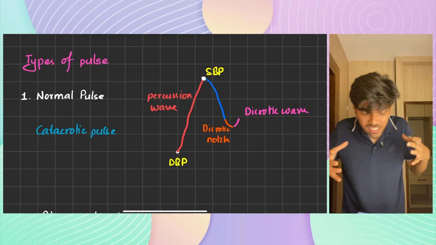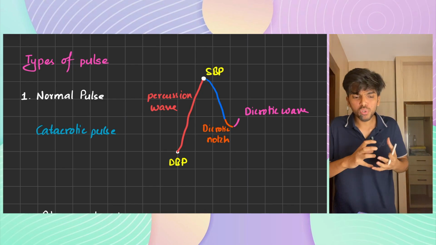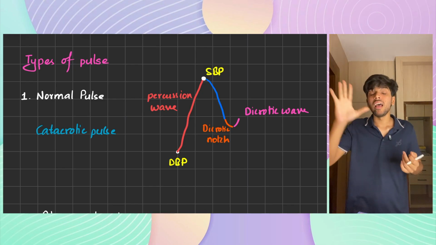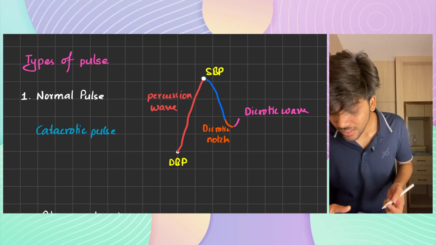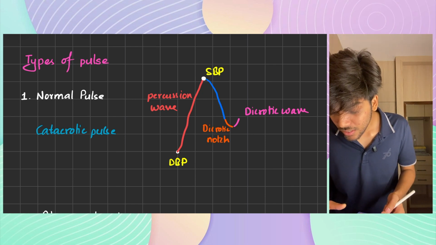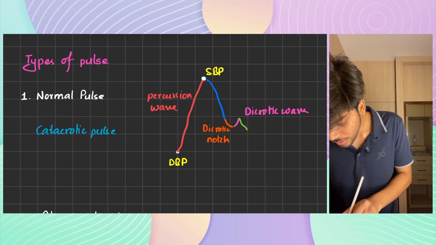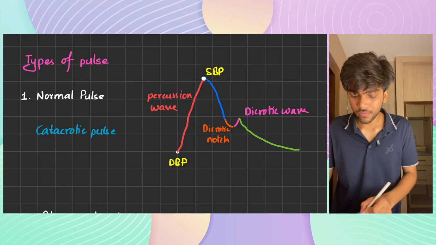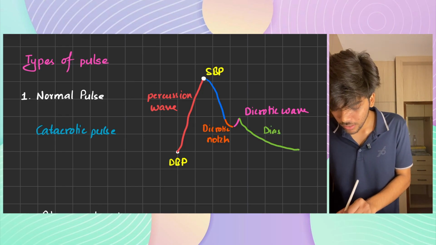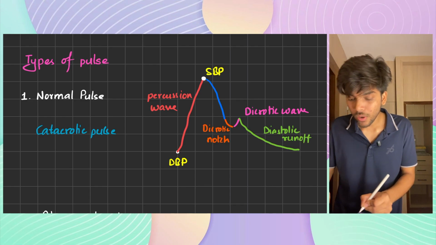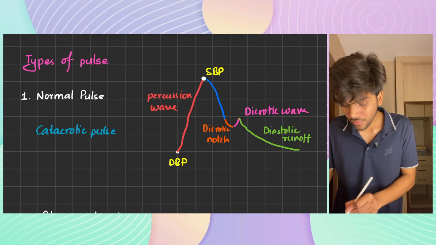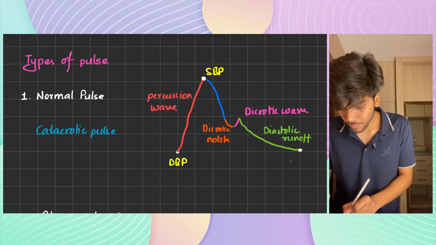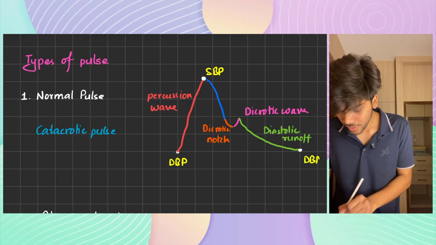The recoil of the aorta pushes all the blood to the periphery, and there is a sudden drop in pressure inside the aorta, and this is your diastolic runoff. The pressure inside the aorta falls back to diastolic blood pressure.